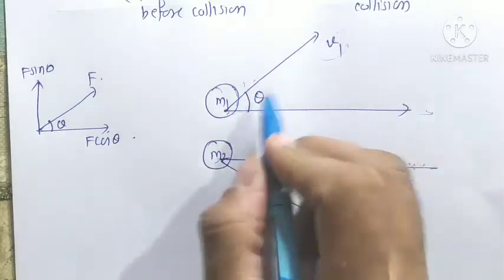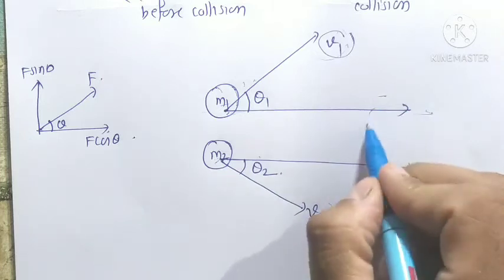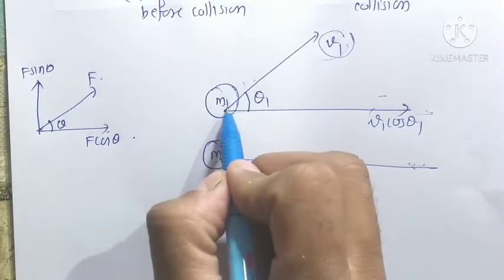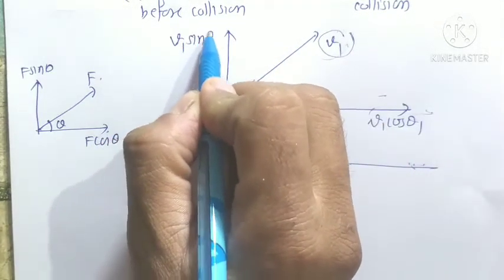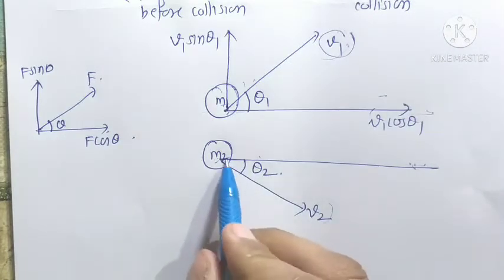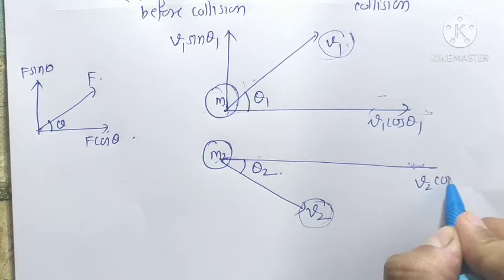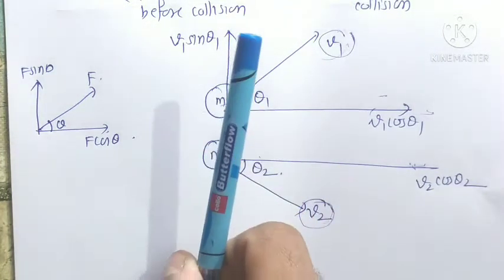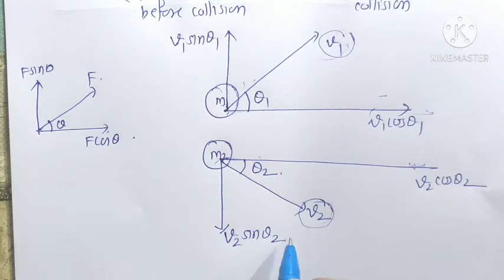Similarly here, the component of velocity v1 along the horizontal direction will be v1 cos theta1 and along the vertical direction v1 sin theta1. Similarly, the horizontal component of velocity v2 will be v2 cos theta2, and the vertical component, in the downward direction, is v2 sin theta2. This is the upward direction and this is the downward direction.